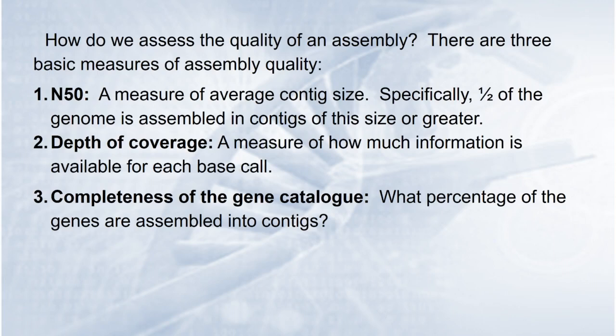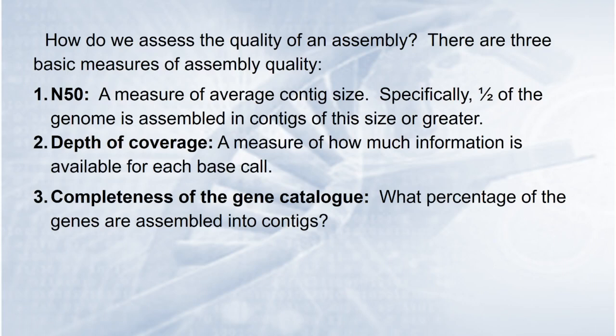One measure of the quality of an assembly is what's called the N50. It's sort of a measure of average contig size. So the goal would be to produce a single contig that was 5 million base pairs or whatever the genome size of your bacteria is. But in reality, that's not going to happen.